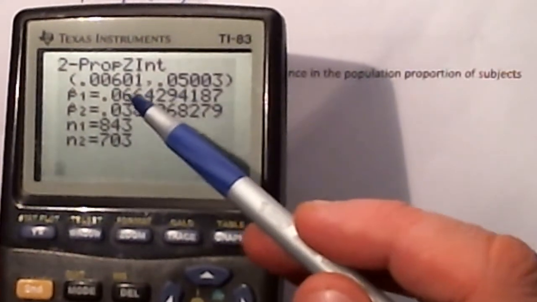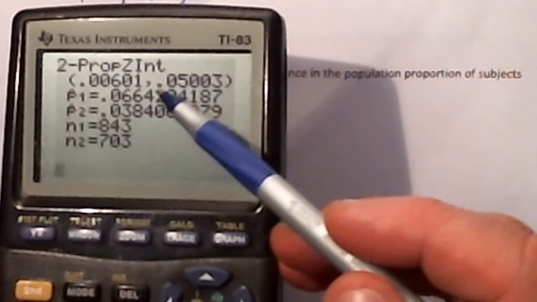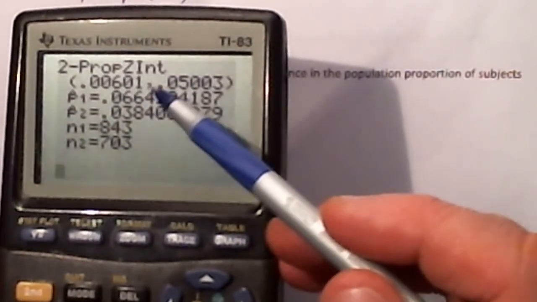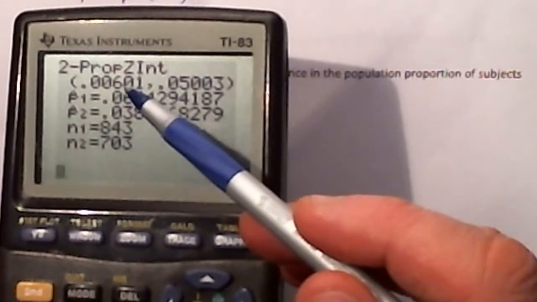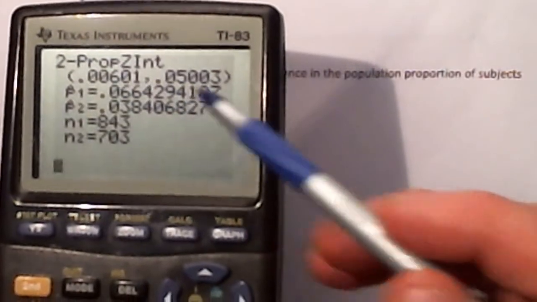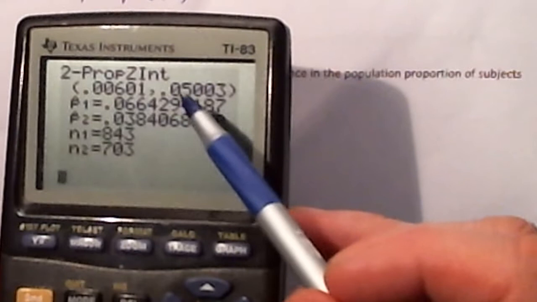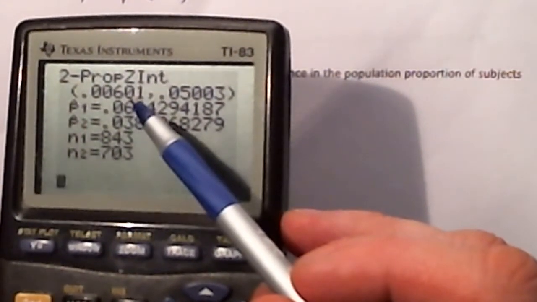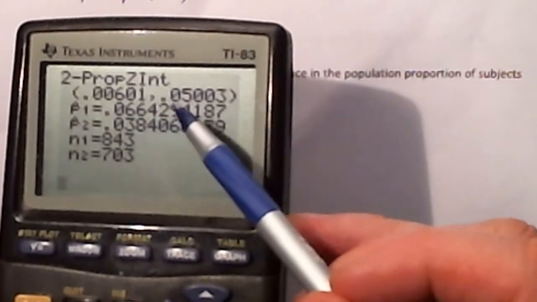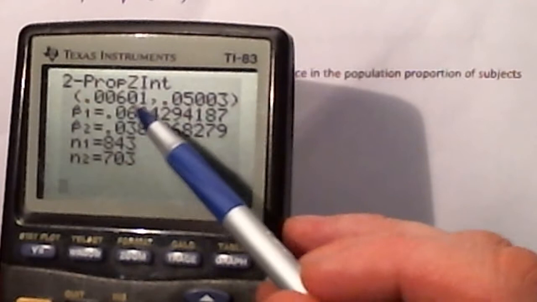And if you think of the real number line, if you have two positive numbers on a real number line, 0 would not be a number in between two positive numbers. 0 would be found in between a negative value for a lower endpoint and a positive value for an upper endpoint. And because both these endpoints are positive, that would suggest that there is a significant difference between population 1's proportion versus population 2's proportion.